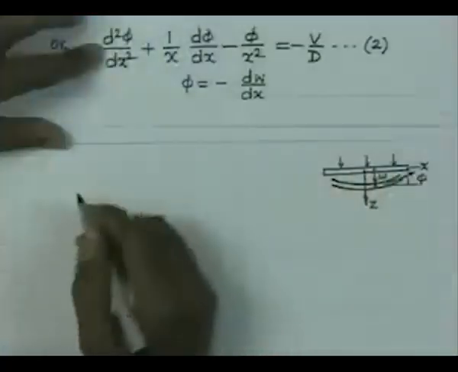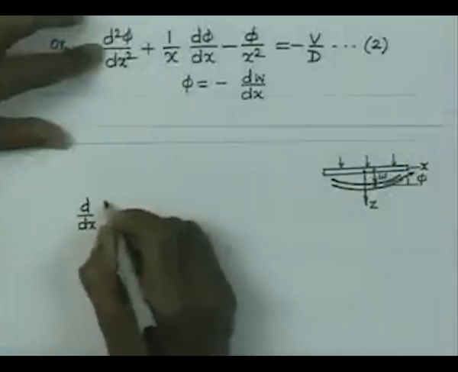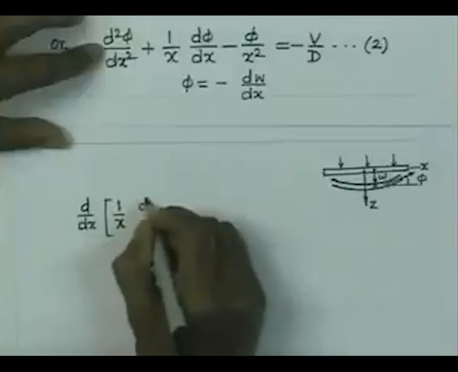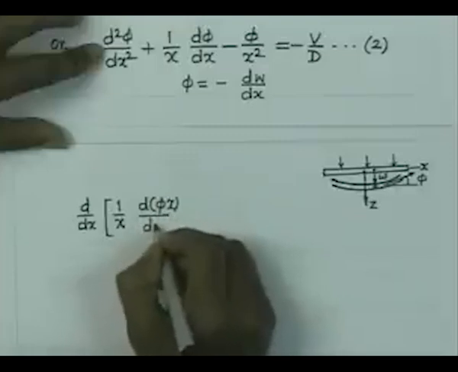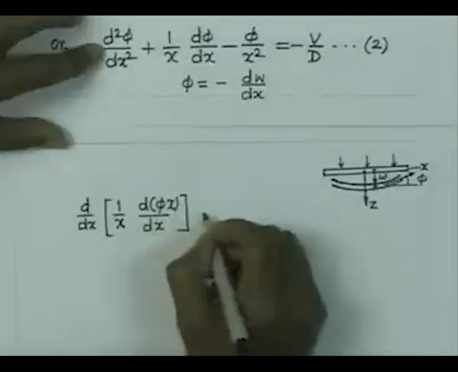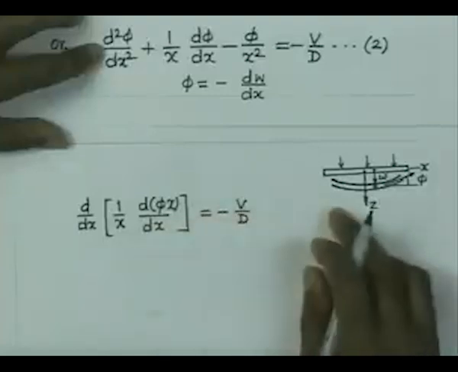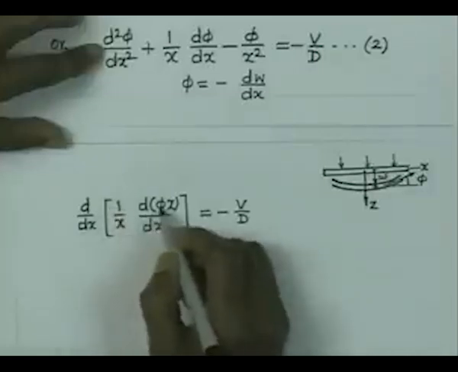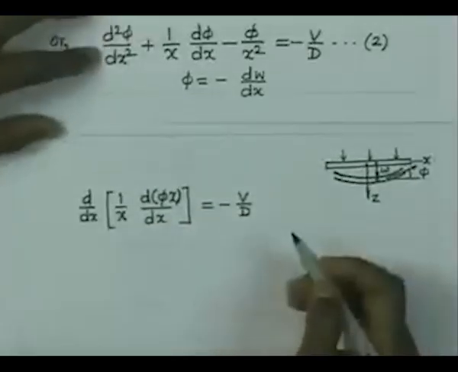We had a similar equation, and it can be written in a form: d/dx of 1/x d(phi x)/dx is equal to minus V/D.